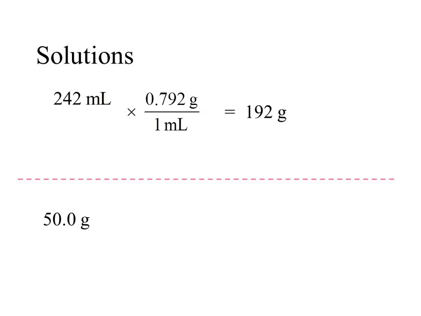Next one. First term is going to be the mass we want to get to volume over 1. What's the next term going to be? What grams to cancel? 1 milliliter over the 0.792.